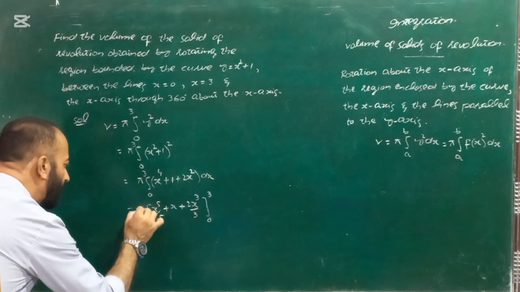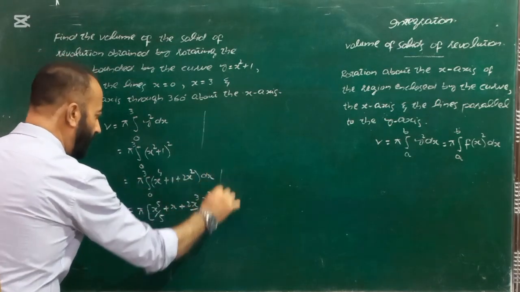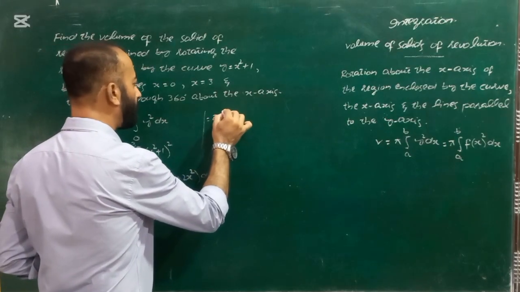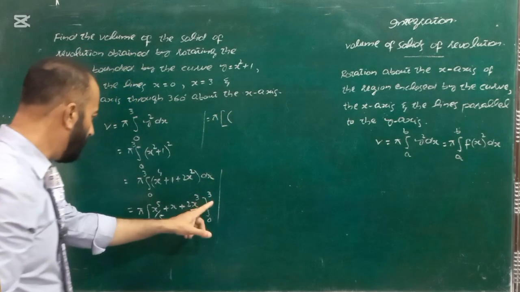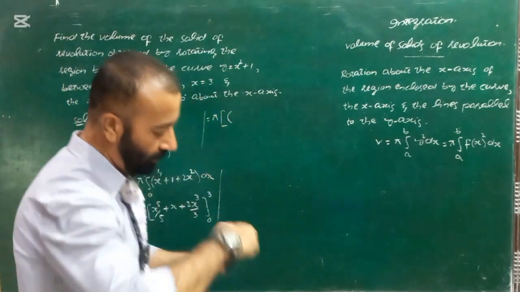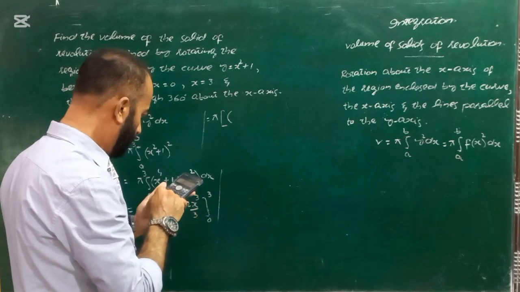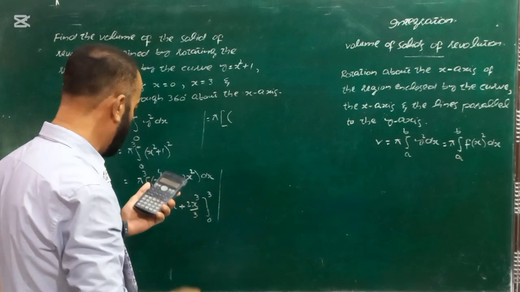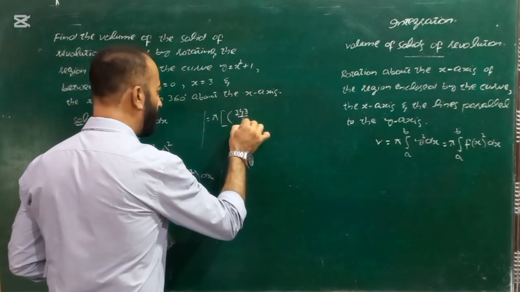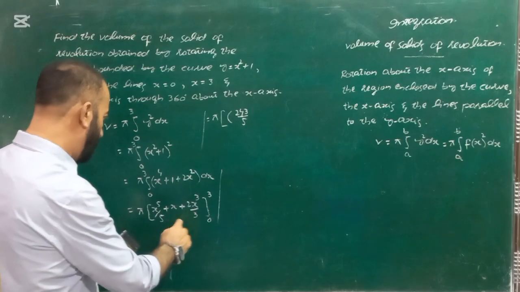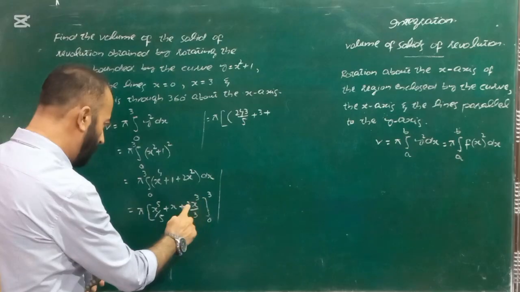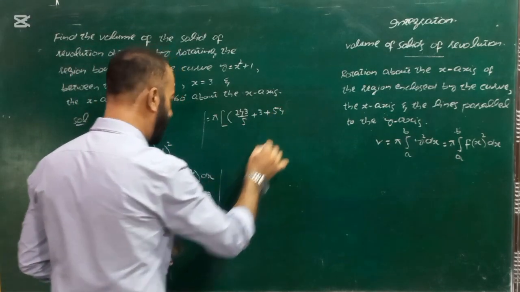And the pi sign is still there. At this step we apply the limit. Pi is still there, so the upper limit will be applied. 3 raised to the power 5 is 243, over 5, plus 3, plus 27 twos are 54, over 3.